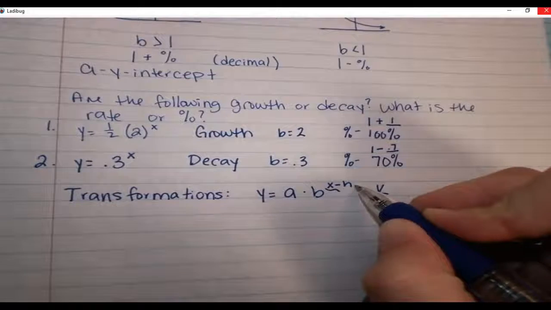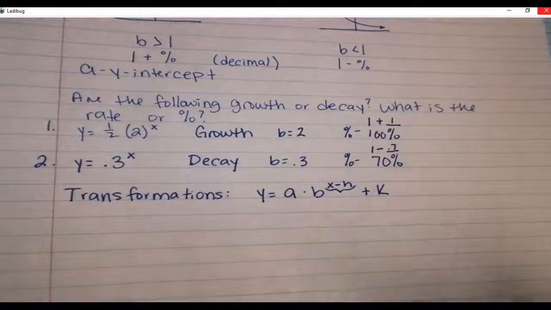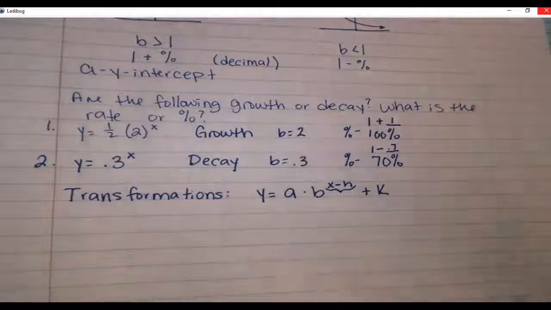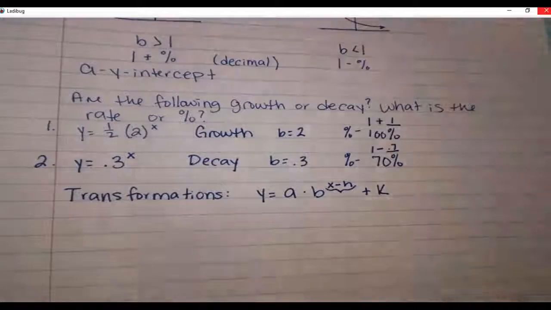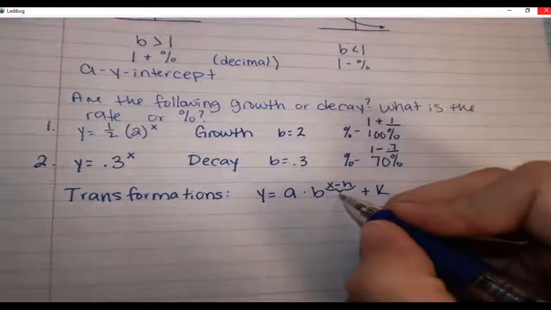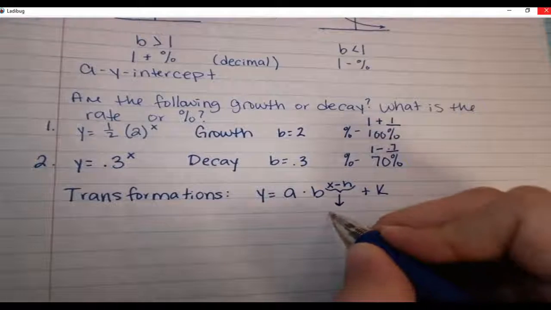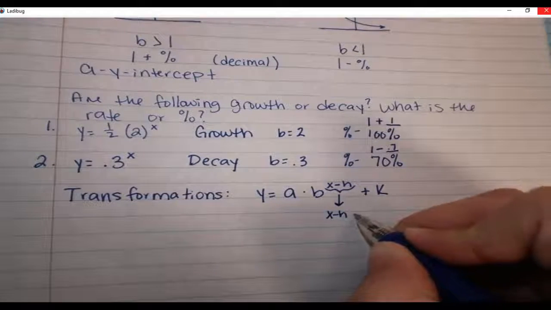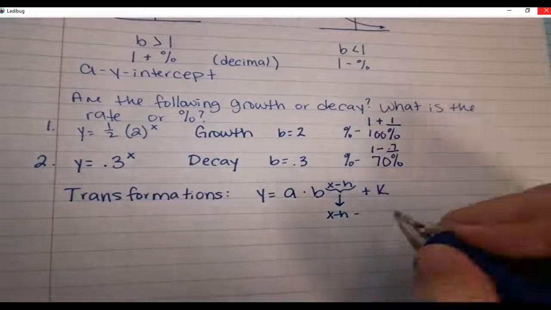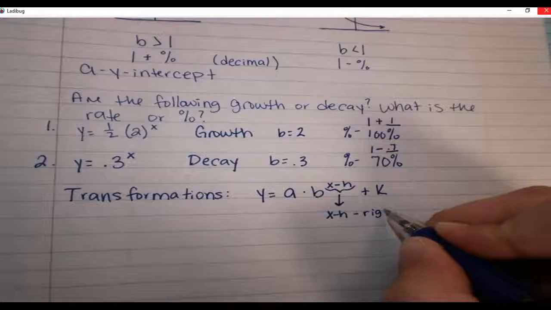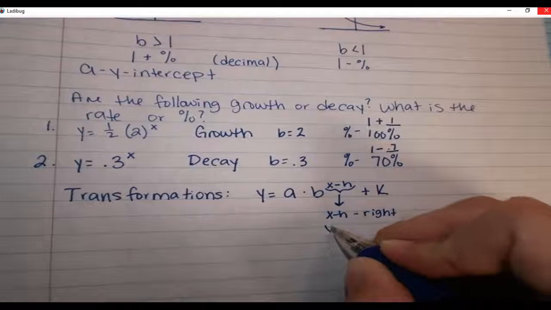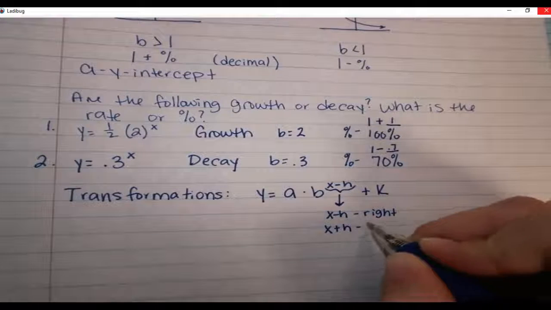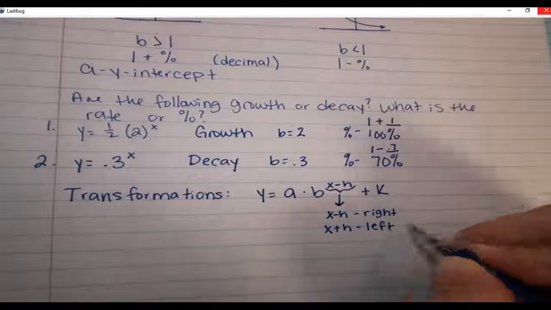So our exponent here, x minus h, tells you if you're taking your graph and moving it left or right. So if you have x minus h, then you're moving to the right. If you have x plus h, you're moving to the left.